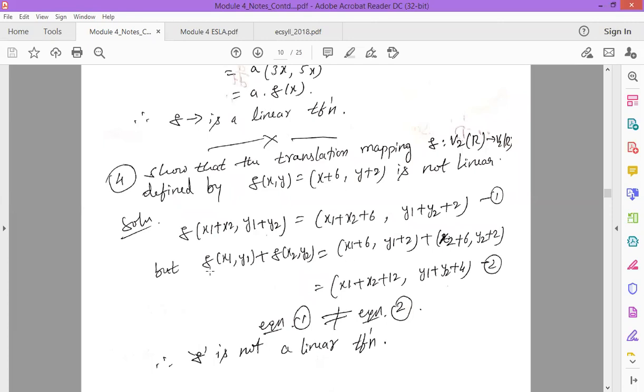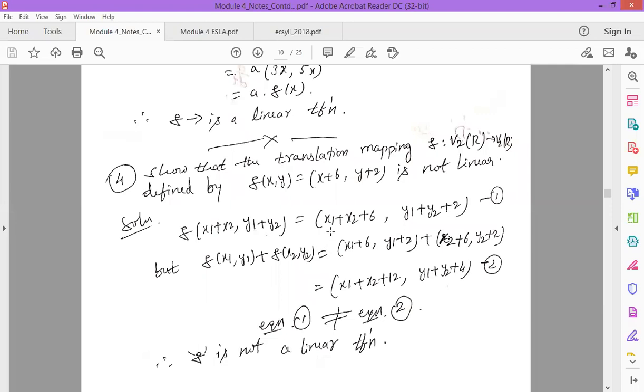So here we are going to consider, in place of f of x comma y, f of x1 plus x2 comma y1 plus y2, which is equal to, so here also in place of x and y, you are going to substitute x1 plus x2 and y1 plus y2. So on the right hand side, x plus 6 is written as x1 plus x2 plus 6 comma, y plus 2 is written as y1 plus y2 plus 2.